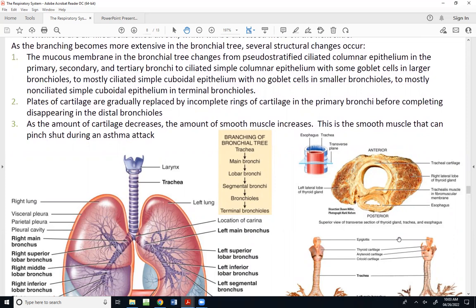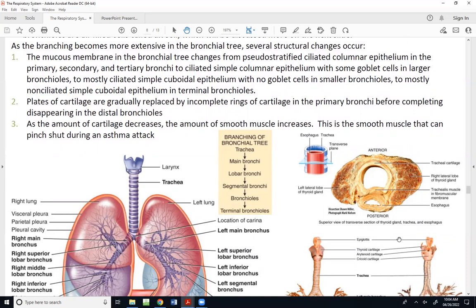Now, as the branching becomes more extensive in the bronchial tree, several structural changes occur. The mucous membranes in the bronchial tree change from pseudostratified ciliated columnar in the primary, the secondary, and the tertiary, to the ciliated simple columnar epithelium with some goblet cells in our larger bronchioles, to mostly ciliated simple cuboidal epithelium with no goblet cells in the smaller bronchioles, to mostly non-ciliated simple cuboidal epithelium in the terminal. Now, am I going to ask you to know all that?